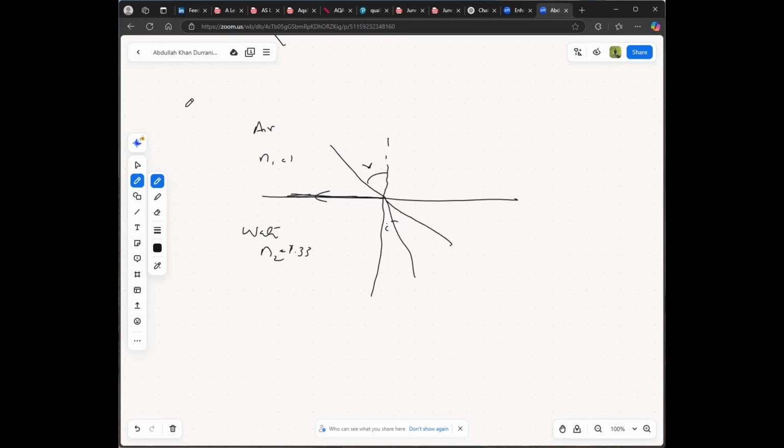And that angle of incidence is called the critical angle. Because as you keep on increasing the incident angle, the angle of refraction is greater than that. There will come a point when the angle of incidence is below 90 degrees, but the angle of refraction becomes 90 degrees. So that incident angle is called the critical angle.